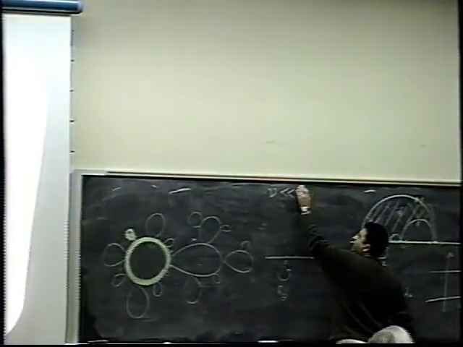So we look at this measure. This measure is obviously absolutely continuous with respect to the Lebesgue measure. If you take a set of measure 0, then the pullback has measure 0. So we have this measure nu, and we have area.